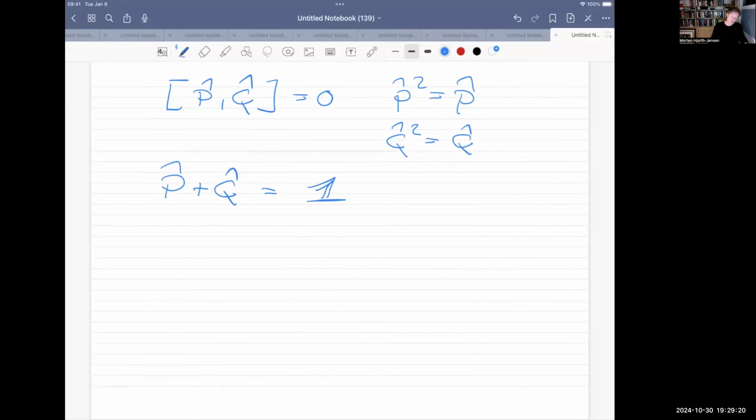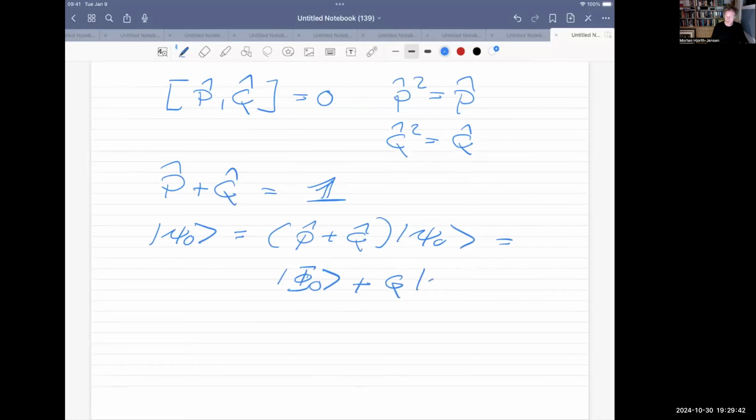So if we now look at the exact solution, this is simply going to be given by P plus Q acting on psi 0, which I again can write out in terms of phi 0 plus Q multiplied with psi 0. So we can now use this last term here to rewrite Schrödinger's equation.